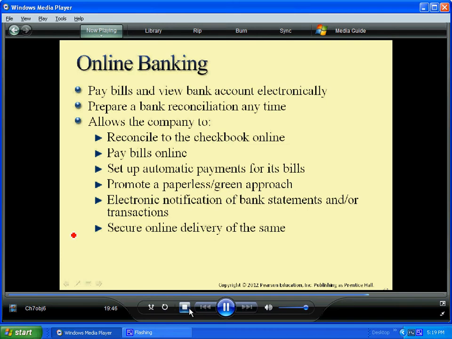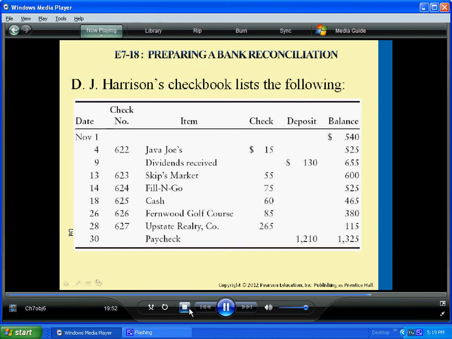Now if we're looking at exercise 7-18, we're preparing a bank reconciliation. Here we have Harrison's checkbook from exercise 7-18. These are basically the checks that Harrison wrote during the month of November.